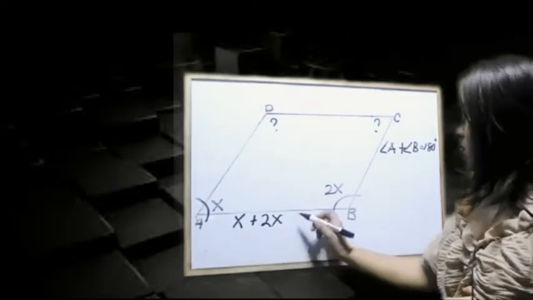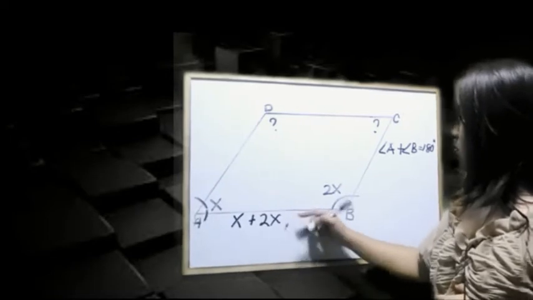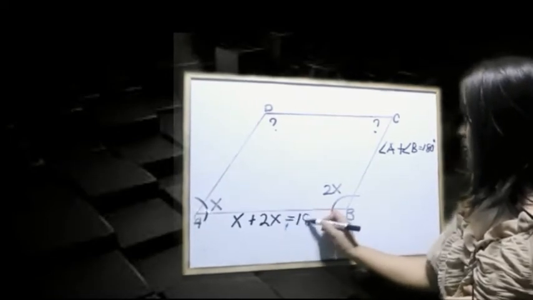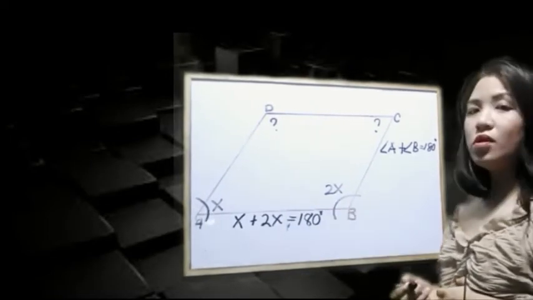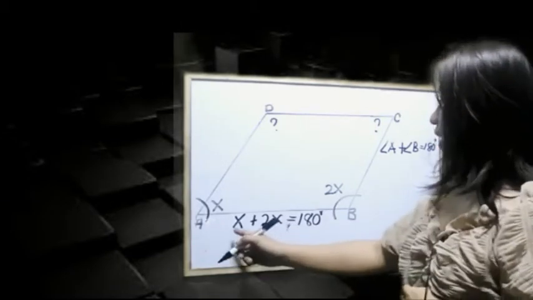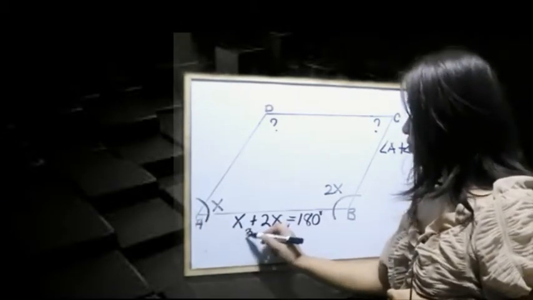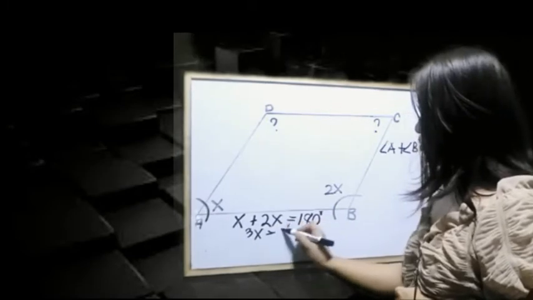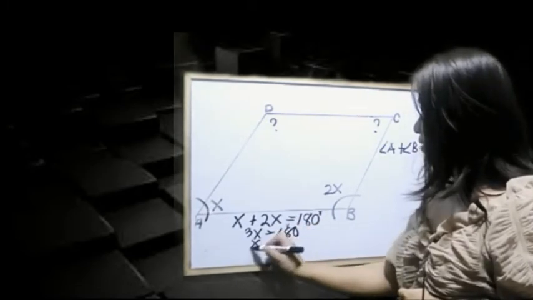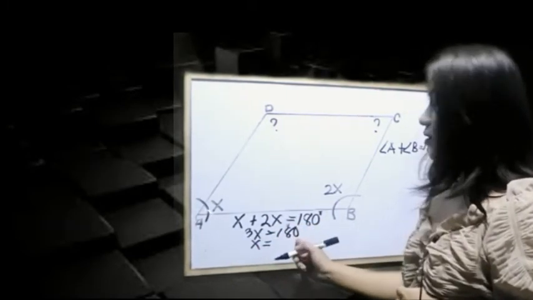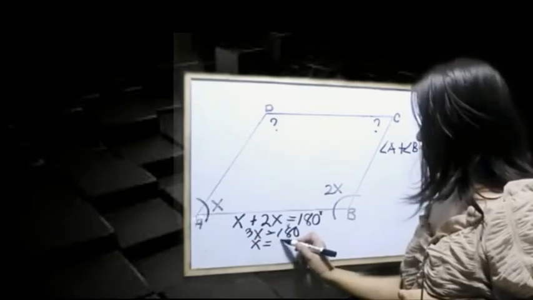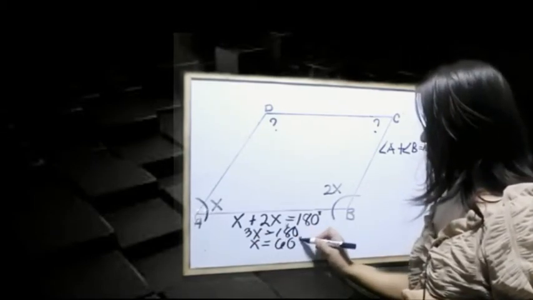So x plus 2x must be equal to 180 degrees. Solving it algebraically, x plus 2x will give you 3x is equal to 180 degrees, and the value for x would be 180 divided by 3, which gives you 60 degrees.